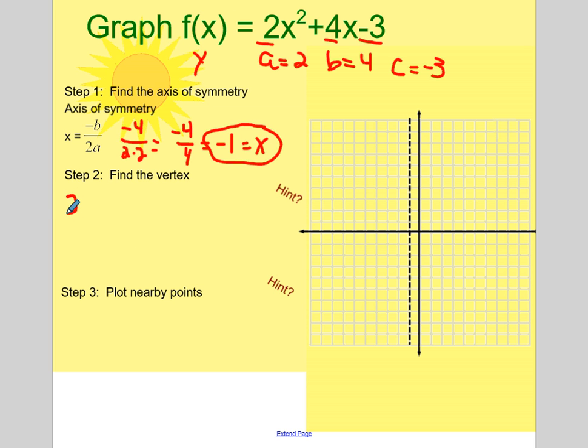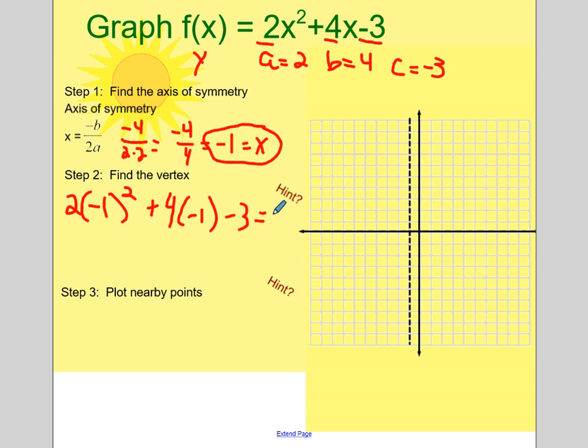I'm going to go 2 times -1 squared. I'm getting this from up here again, plus 4 times -1 minus 3. And I'm going to solve.